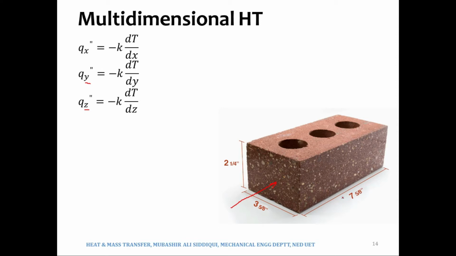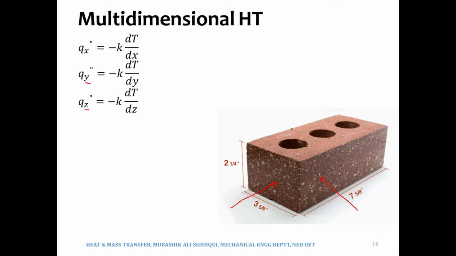When we consider the heat transfer in y direction, because this is our y-axis, and we have just said that this 3 is the length in y, the heat will be transferred in this direction, from this face, having an area of 7 by 2, to the face on the back side.